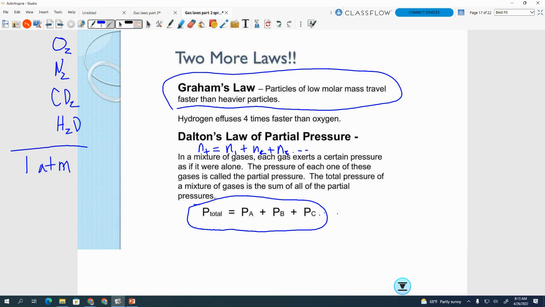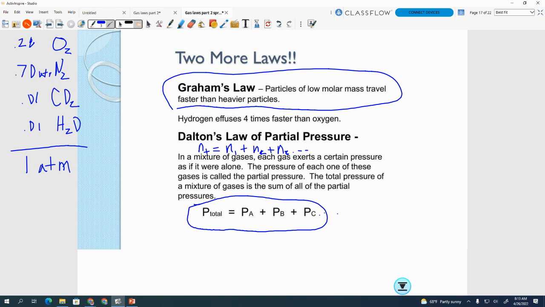Well, I know that nitrogen is 0.7 atmospheres because it's 70% of an atmosphere. All right. Oxygen is going to be like 0.28 because oxygen is about 28%. And then these other ones are going to come up to fill up the other 2%. So carbon dioxide might be 0.01 and water vapor might be 0.01. All right. And so if you total all of those up, you should get pretty close to 1 atmosphere.